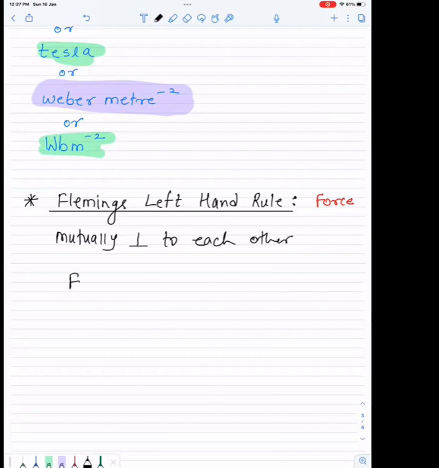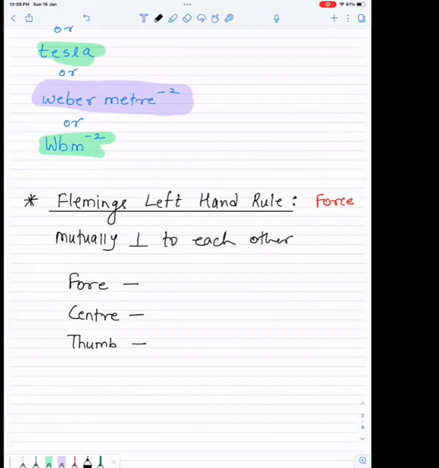So if you stretch your forefinger, your center finger and your thumb such that they are mutually perpendicular to each other. So guys, what we do out here, one second. Yeah, so look at this guys. You have to stretch your forefinger, center finger and the thumb such that they are mutually perpendicular to each other.